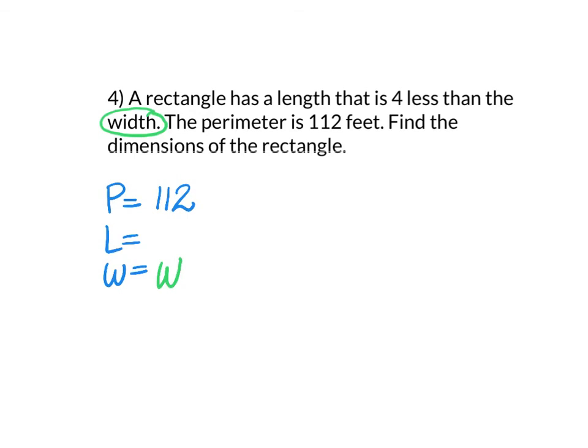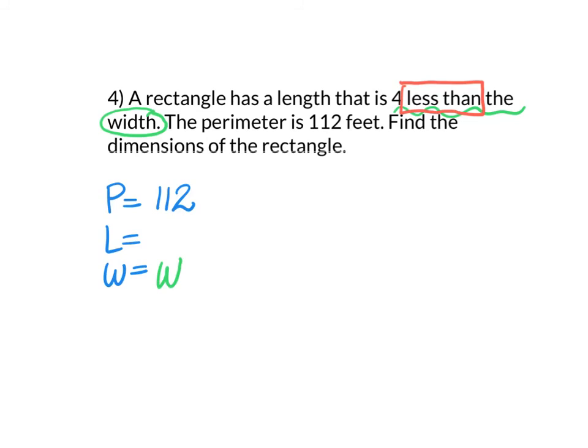So now let's figure out, what do we know about our length? It says the length is, now this is the tricky part, 4 less than the width. This phrase, less than, is what I often call a flip phrase. So I always have to start at the end when you have a flip phrase. I can't translate in order. It is not 4 minus W. It's saying 4 less than the width.